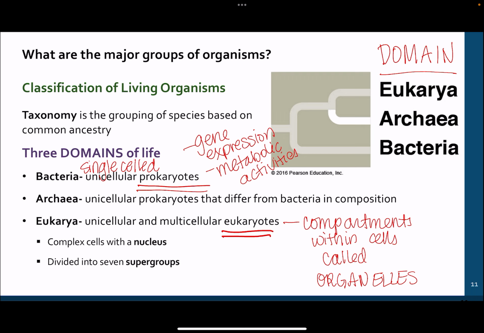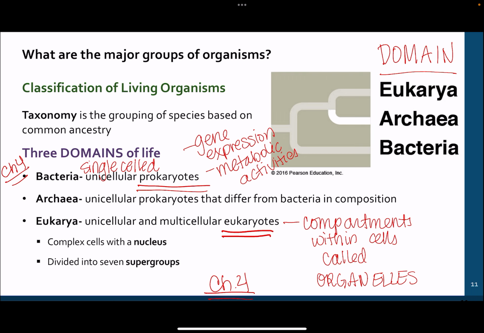If you think about the organs in your body, like your heart, it provides a very specific function to the whole organism. It's a specialized function, and the organelles are the same. We will learn in chapter 4 what those organelles do. We will also learn the difference between prokaryotes and eukaryotes and the specific common characteristics and the differences.